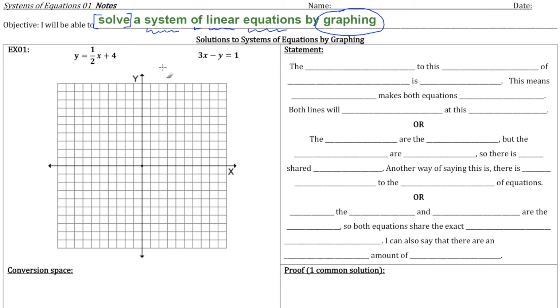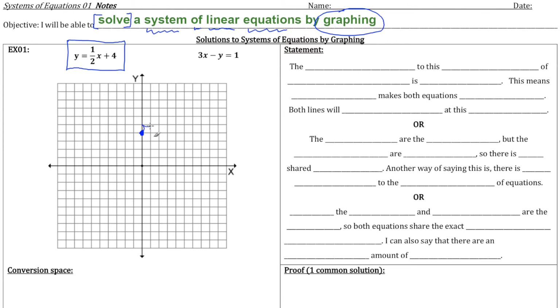So the first thing I would do is graph the solutions to both of these. I'm going to graph the solutions to this equation. I'm going to start at 4, so I'll box this in blue. Okay, so we start at 4, 1, 2, 3, 4. That's the first solution.